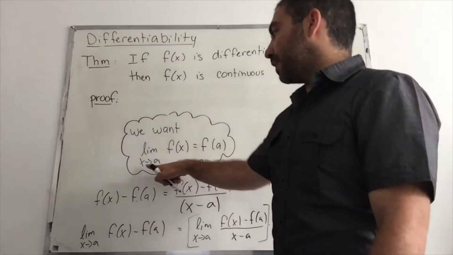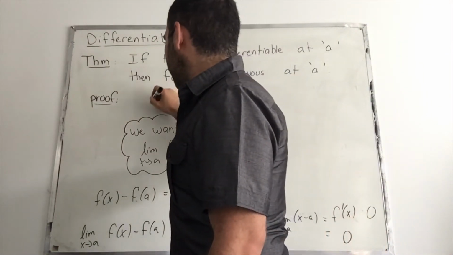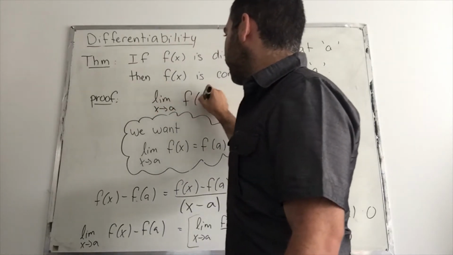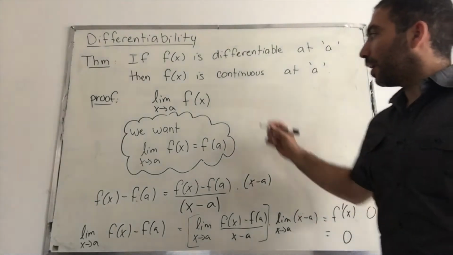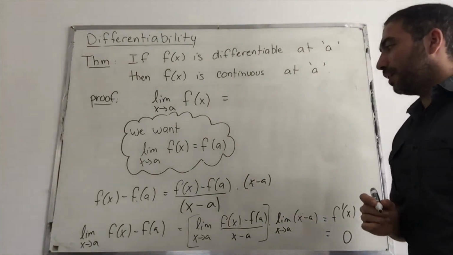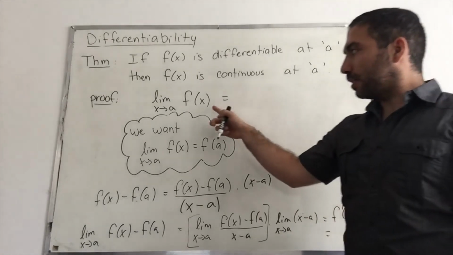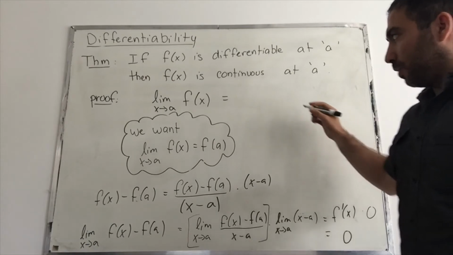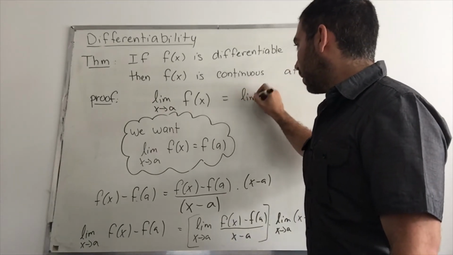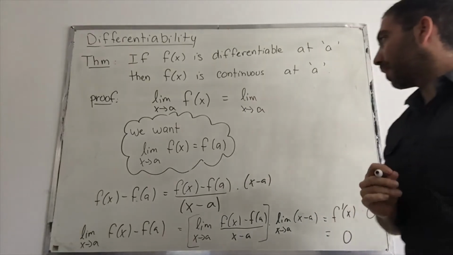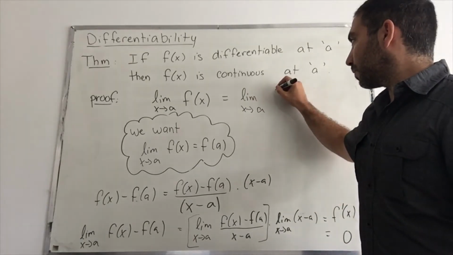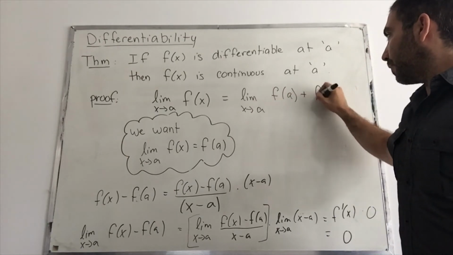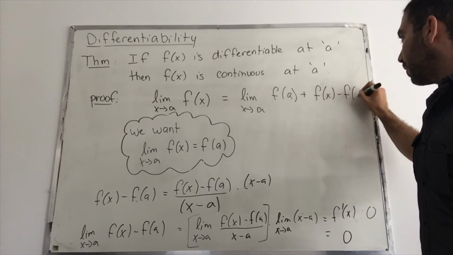So we could start off with the limit as x approaches a of f of x. And we could use this clever technique to show that this is equal to the limit as x approaches a of f of a plus f of x minus f of a.